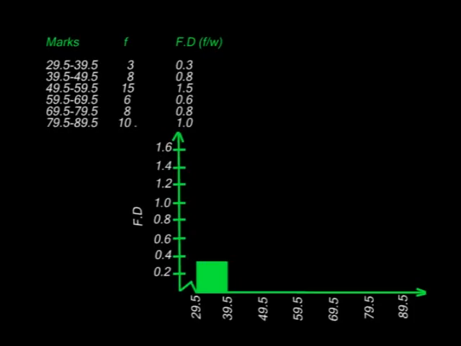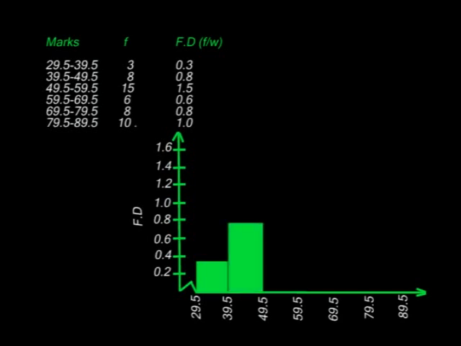For example, in the first two classes, 39.5 is the upper class boundary for the first class, and the same 39.5 is the lower class boundary of the second class. So the bar will be continuous, there will be no gap. So for the class 39.5 to 49.5, the frequency density is 0.8.